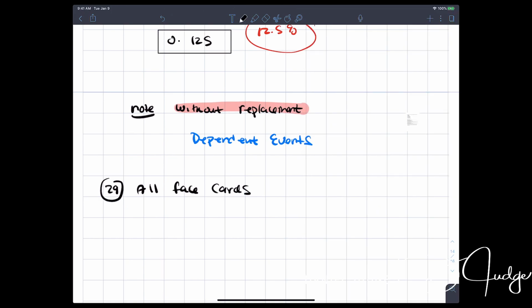This is without replacement. I'm sorry, this is with replacement. Boy, I really like that. So when you have with replacement, remember, this is analogous to independent events.